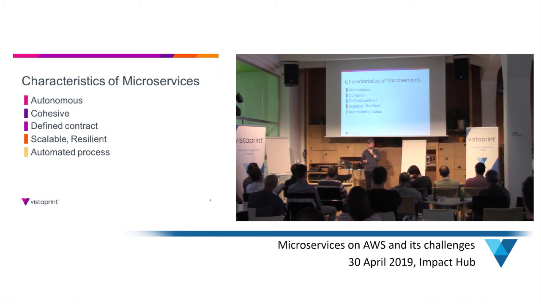A microservice defines a contract which everybody else should obey if they want to communicate with the microservice. And a microservice is normally scalable and resilient, which means that it accommodates all the incoming load and scales horizontally. And in case of downstream system failure, you have a default scenario or a failover mechanism to prevent cascading failures in your system.